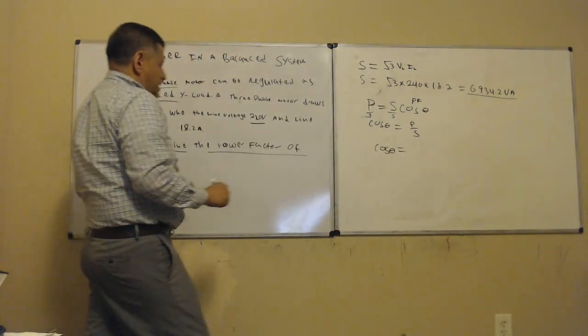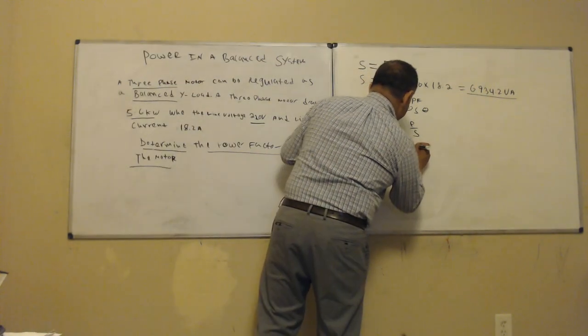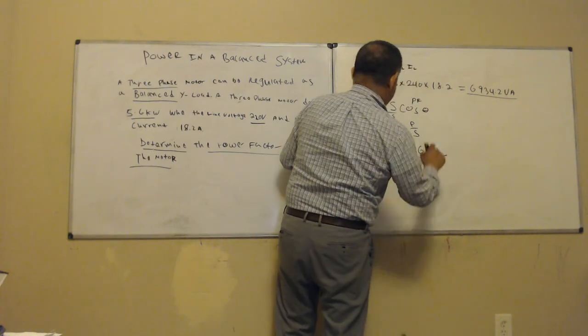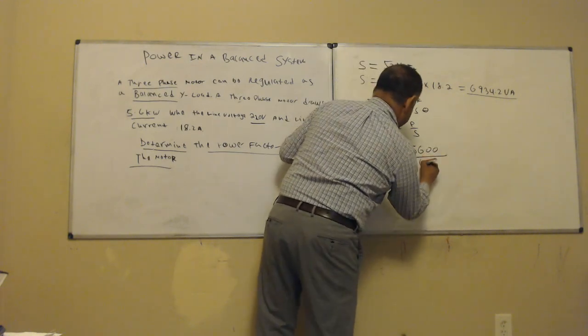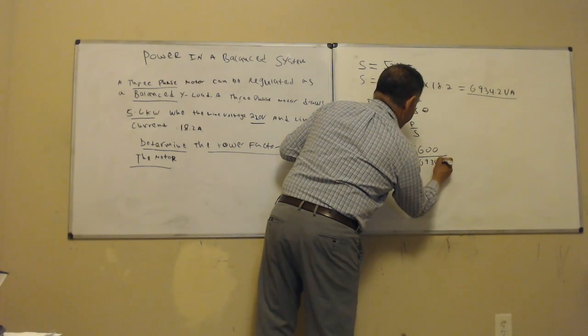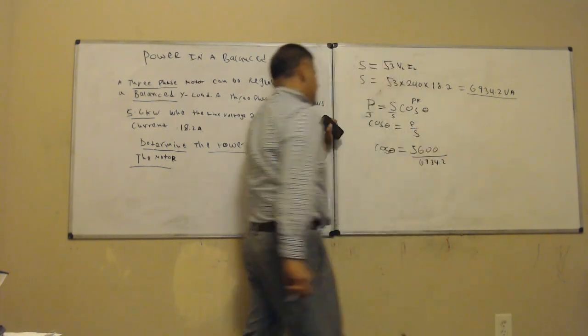So it's going to be 5600 over that number, right? 6934.2. Okay.